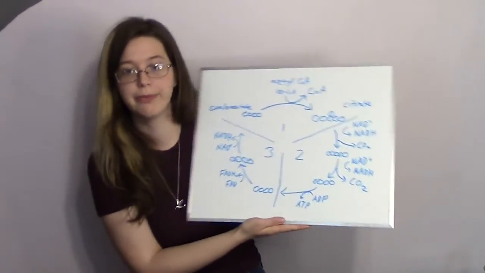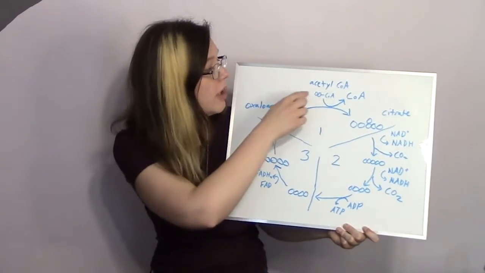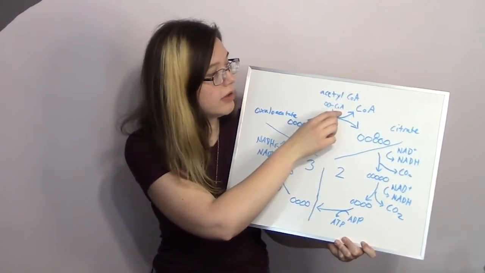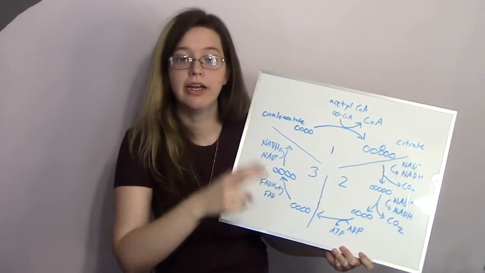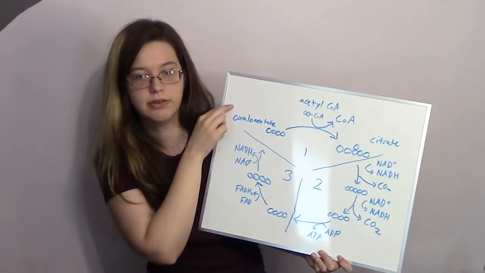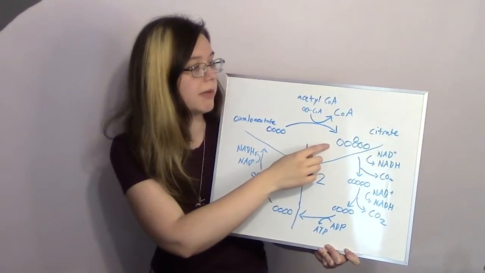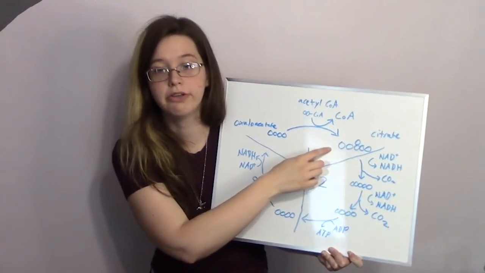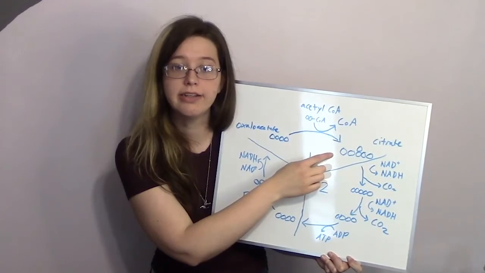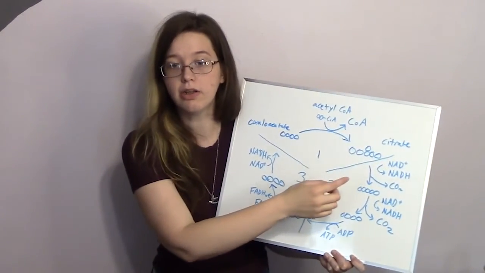To start the Krebs cycle, the 2-carbon acetyl group from that acetyl-CoA molecule is added onto the oxaloacetate molecule, and those two come together making a 6-carbon molecule called citrate. This is why it's sometimes called the citric acid cycle, because you make citrate during the cycle.